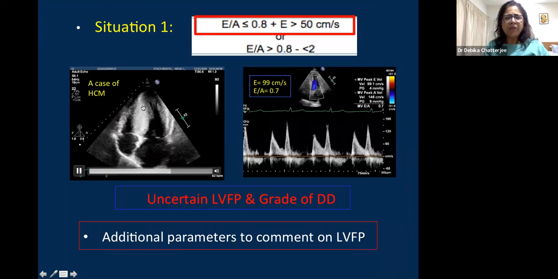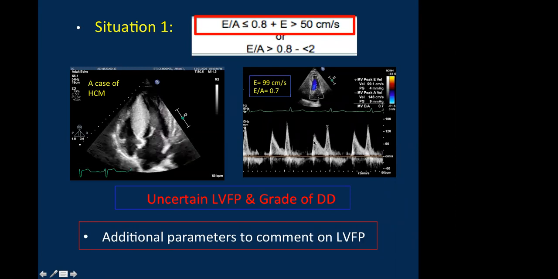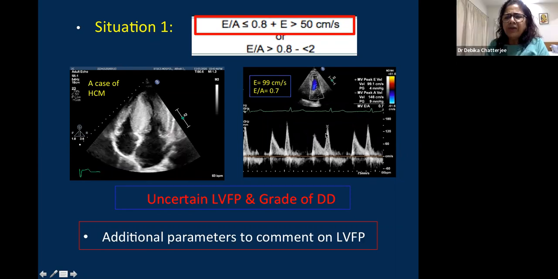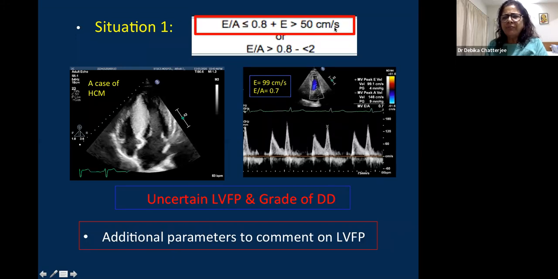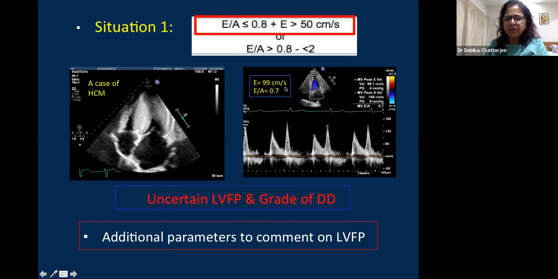This is a patient of hypertrophic cardiomyopathy, another patient with an enlarged LA. You are getting E wave less than A wave, but it's not fulfilling the criteria of grade 1. It's coming in between, where E/A ratio is less than 0.8, it's 0.7, plus E wave velocity is more than 50 centimeter per second. Here it is 99 centimeter per second.